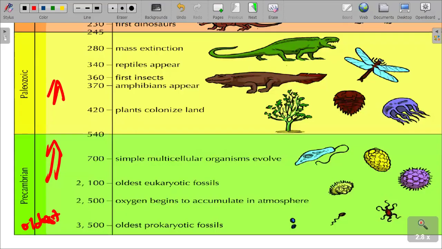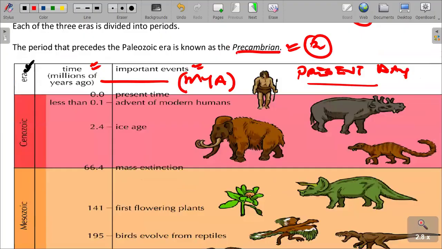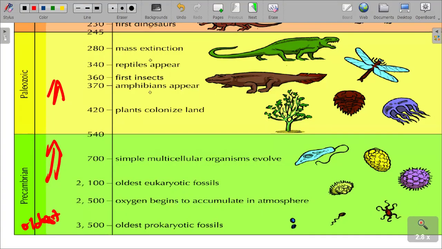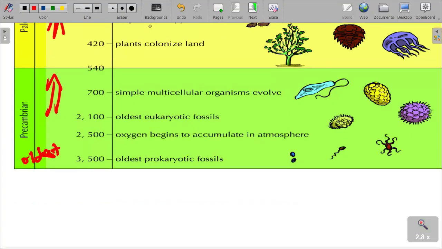So in the Precambrian, we can see the oldest fossils existed 3.5 million years ago. The Precambrian era actually runs from 3.5 million years ago to 540 million years ago.